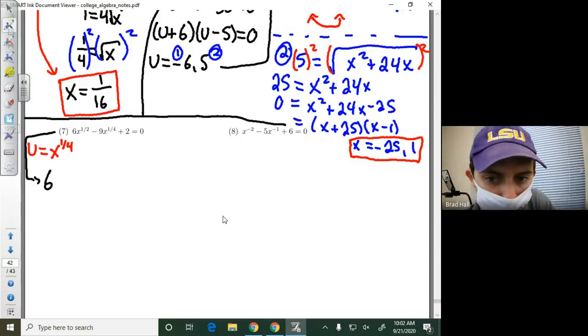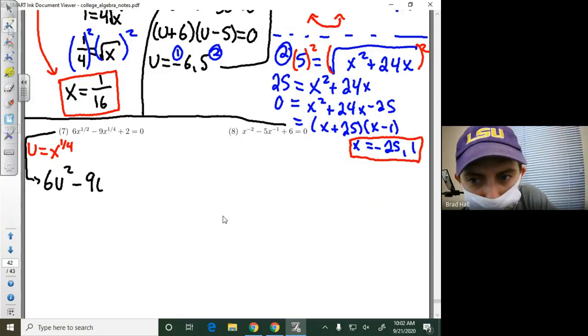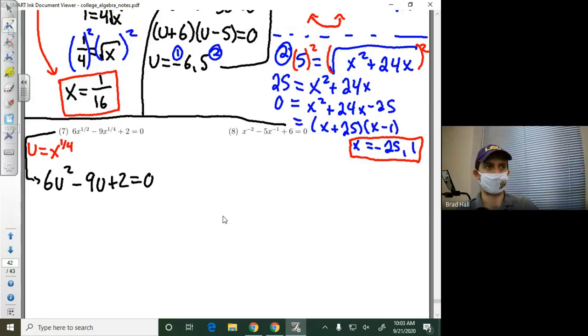So now it's 6u squared, because x to the 1/4 squared is x to the 1/2, minus 9u plus 2 is equal to 0. As long as you make the correct rule, then it should work in order. So you should have variable squared, variable, and then number.